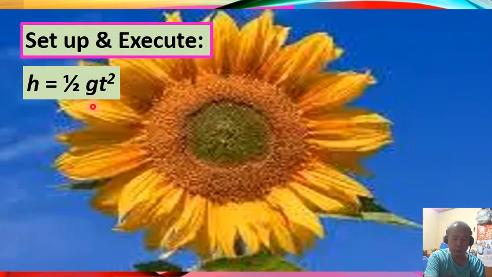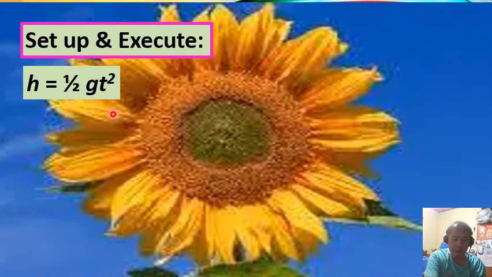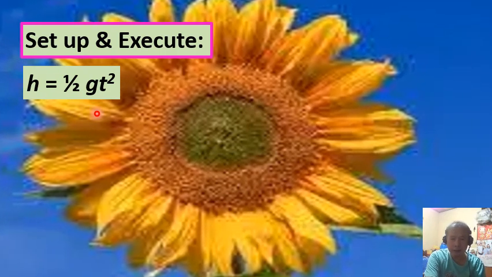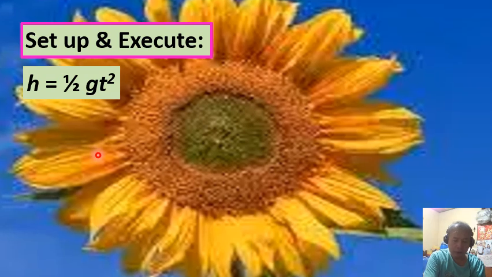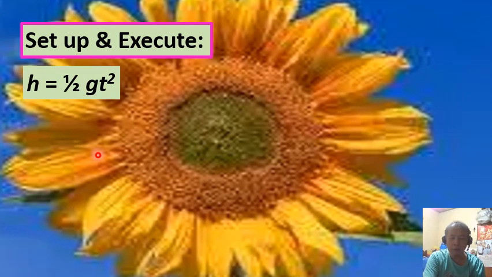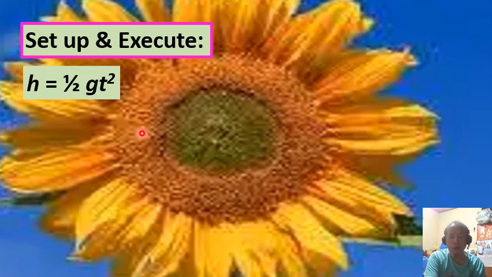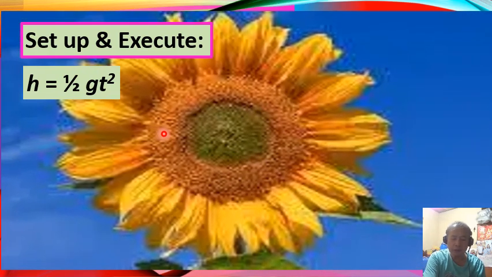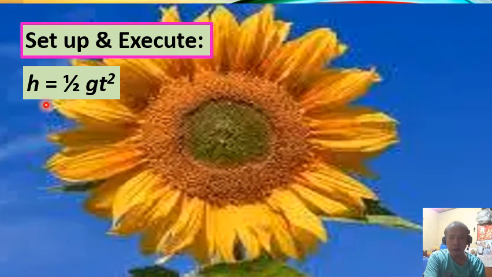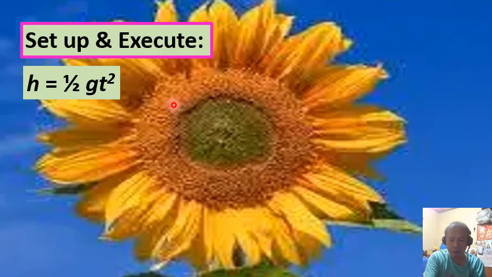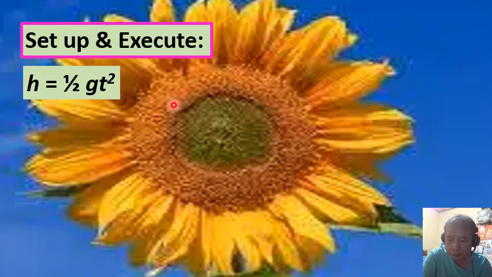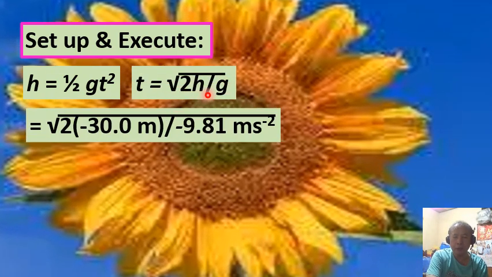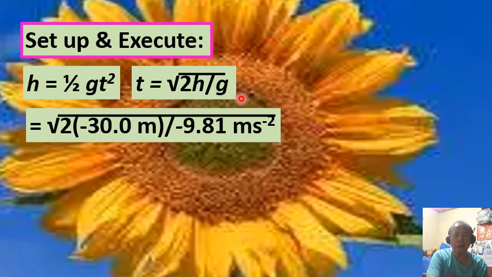For our solution, we first determine the time of flight, which we label as t. Since the vertical component of the motion of the rocket remains uniformly accelerated, we can use the equation height h equals 1 half g t squared, or the time of flight t being equal to square root of 2 times the height h divided by acceleration due to gravity g.